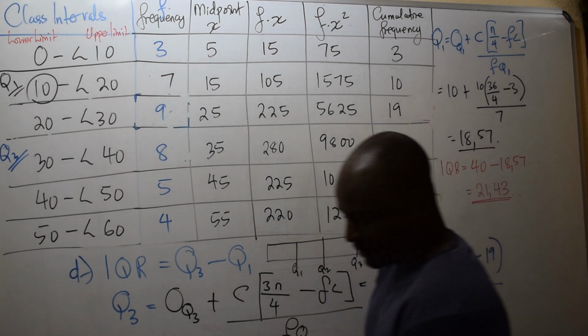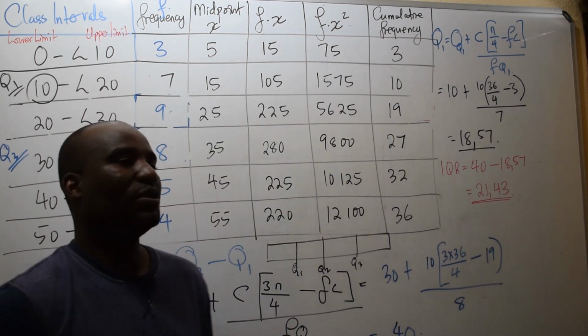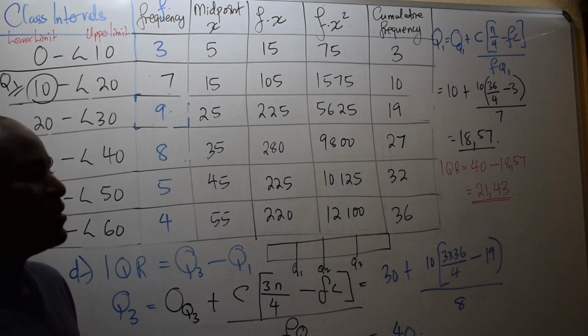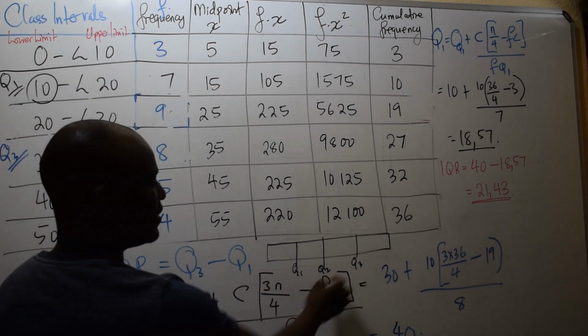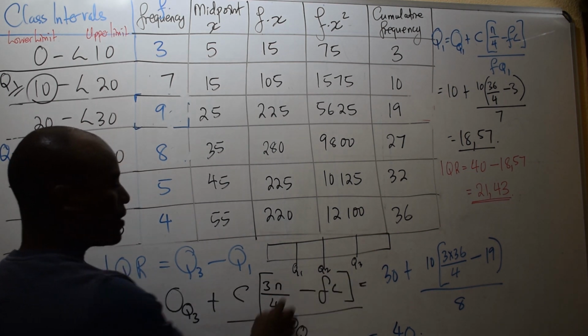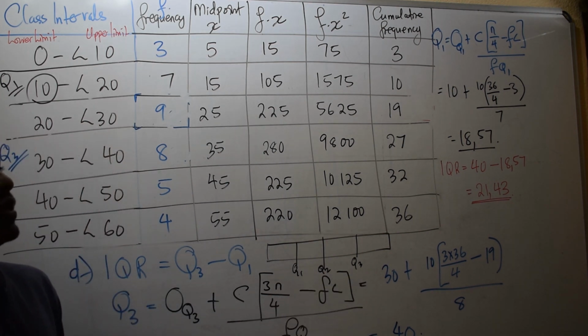That's the interquartile range. If you're asked for the range, it's always the maximum minus the minimum, but when it comes to quartiles, we just have 3 quartiles, so it's going to be Q3 minus Q1. So that's how you're going to calculate.